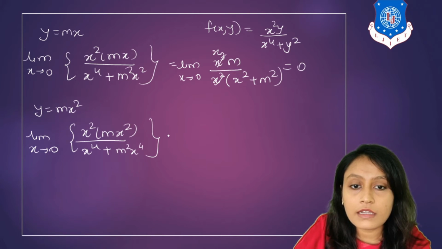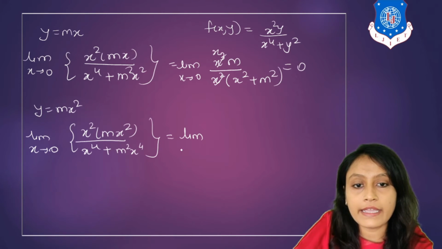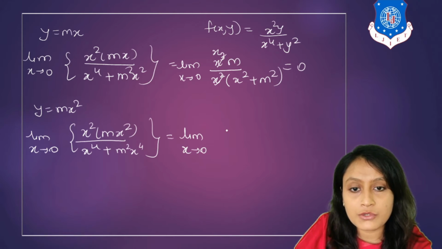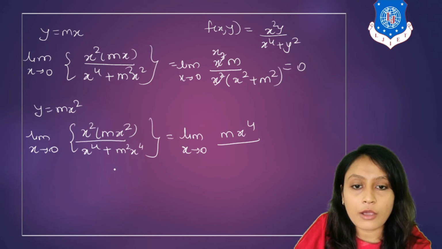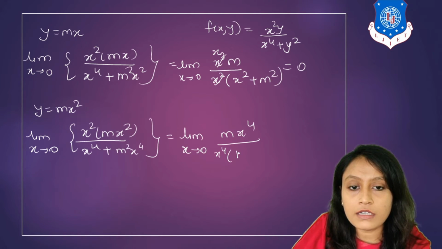Simplify this, so you will get limit x tends to 0, m x raised to 4, and in the denominator take x raised to 4 common, so we have 1 plus m square.